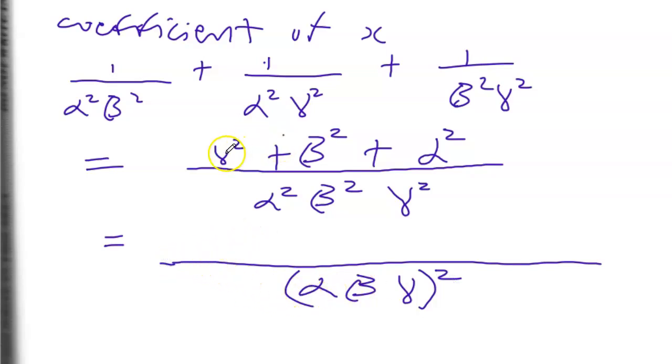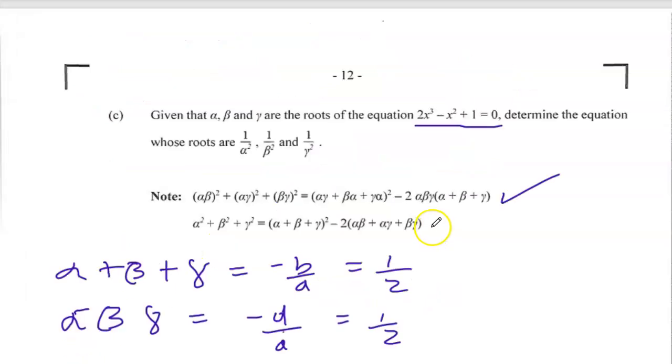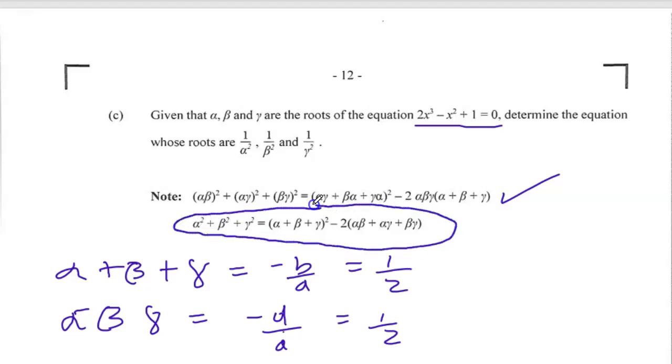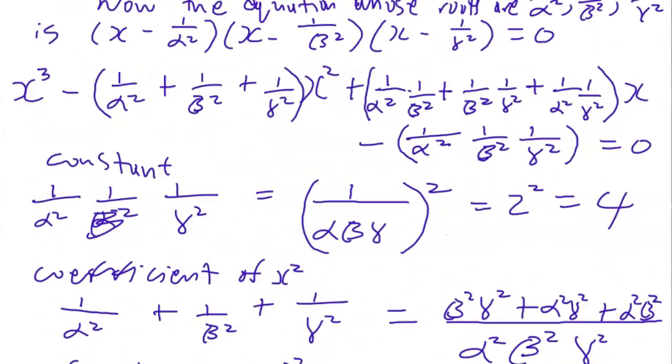Now, the numerator, we should recognize that. Alpha square plus beta square plus gamma square, what is that equal to? Notice the question gives us a bit of help here. It is equal to the sum of alpha, beta and gamma, all square, minus 2 times the sum of the products. Let's go back to the question.